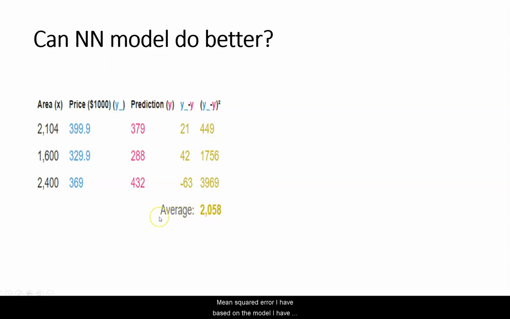So based on the model I have created, my average error is 2058. So what I want is to come up with a better model. It means that I have to decrease this error, or I have to optimize my cost function.